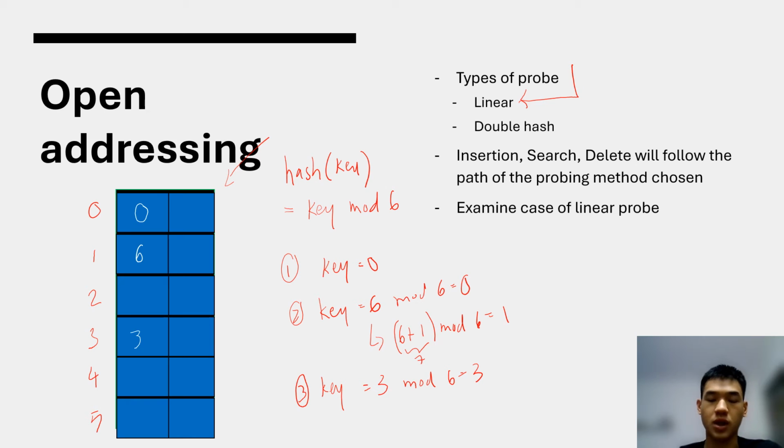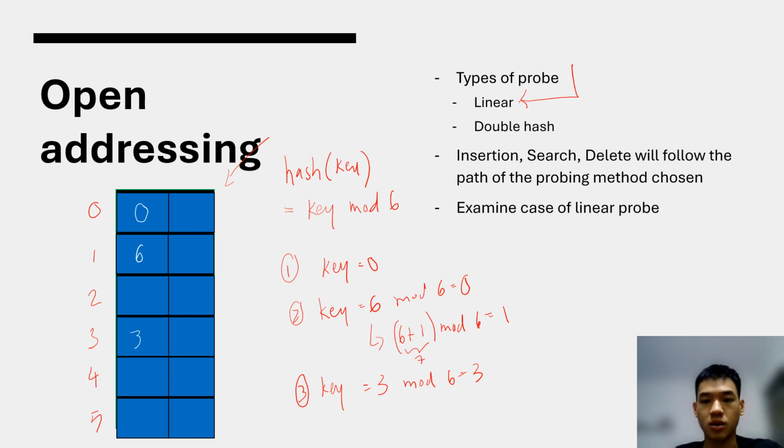The idea of probing is to apply a certain technique such that you can get the next position to insert the key, and you repeat this process till the key is inserted or till there's no possible hash slot, which means the hash table is full and you're not able to perform an insertion.